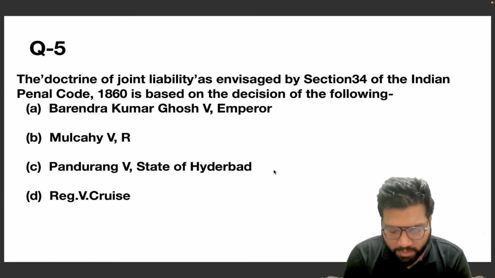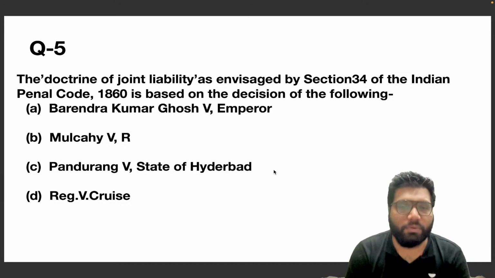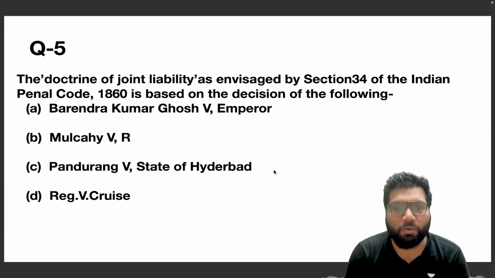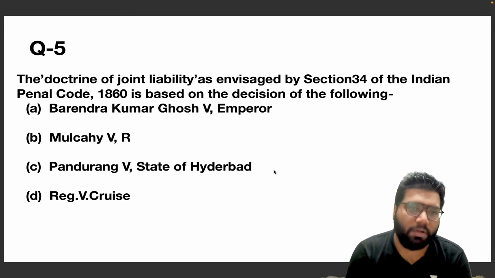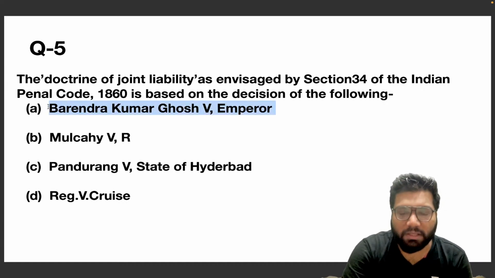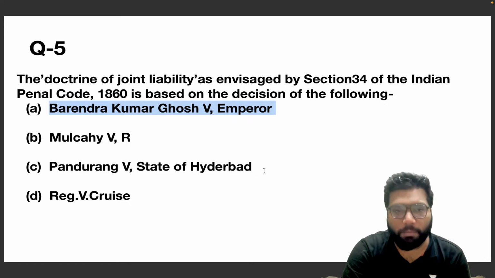Top 3 students to answer correctly: Satyam, followed by Kirti, Amit. Correct answer, students. That is Barendra Kumar Ghosh versus King Emperor. I hope you are all aware of the facts of this case. It's a landmark judgment and one of the examiners' favorite topics.